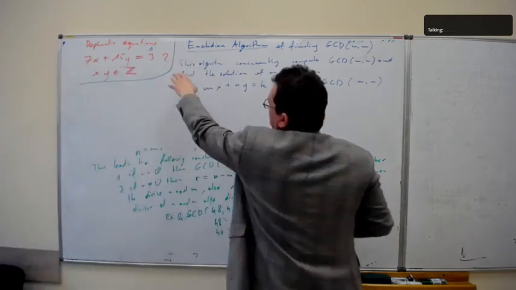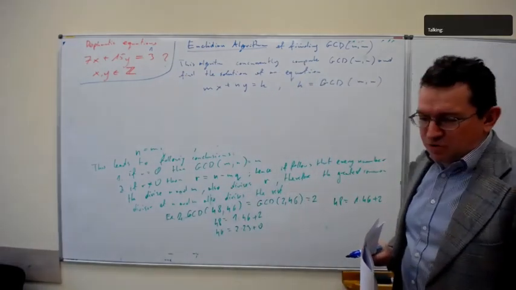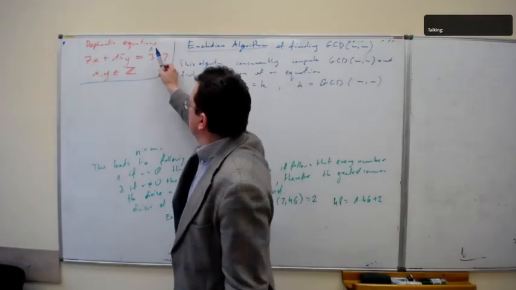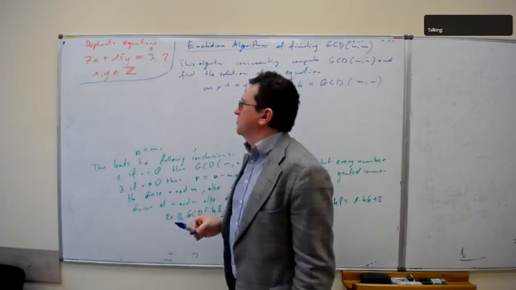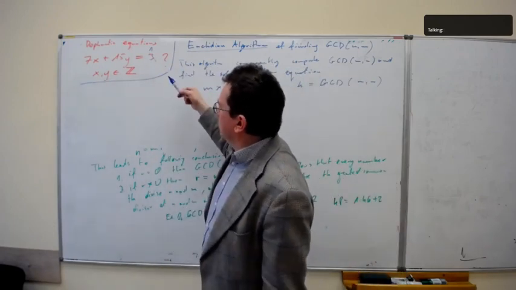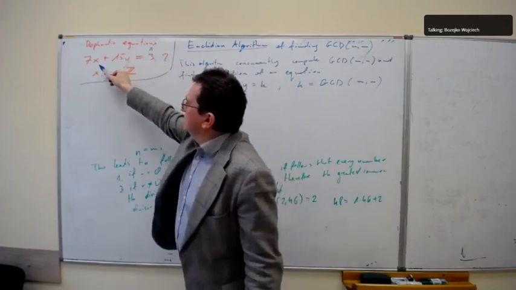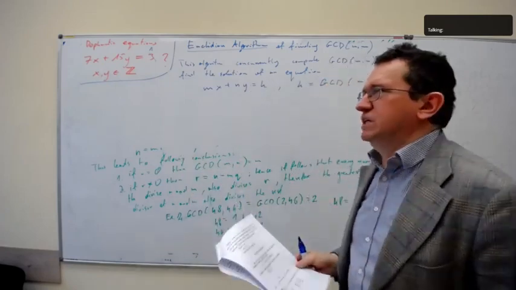And if we have the solution for 1, we can also get 3, because we can multiply the whole equation by 3, obtaining 3, 3x and 3y.